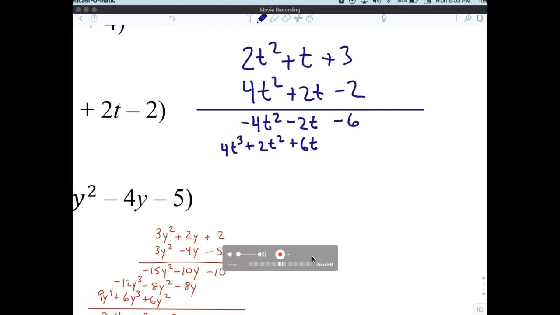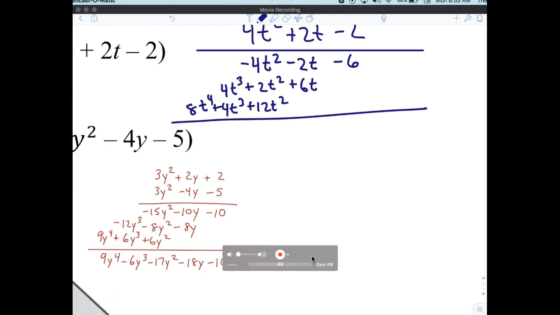And then a positive 12t squared, positive 4t cubed, positive 8t to the fourth. Final answer: 8t to the fourth plus 8t cubed plus 10t squared plus 4t minus 6. It's very, very simple.